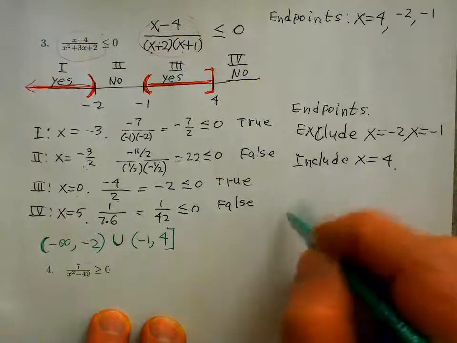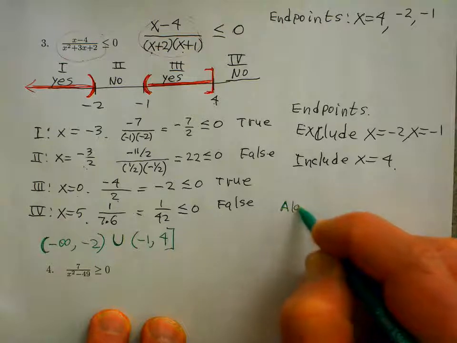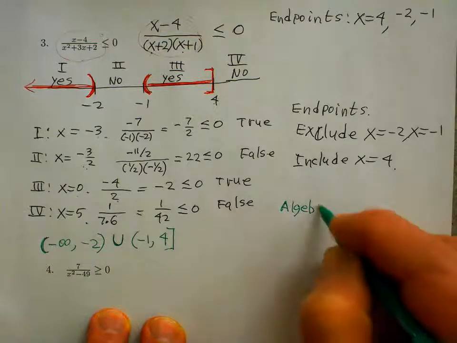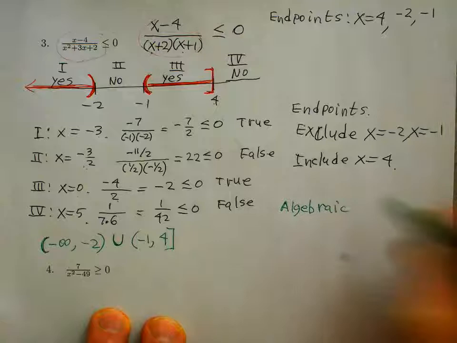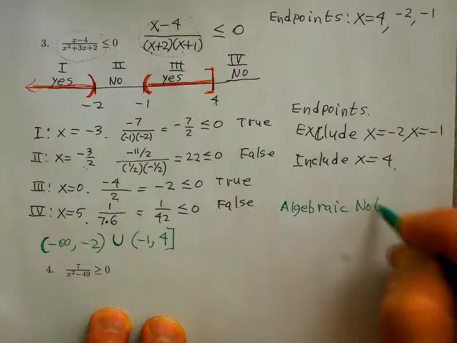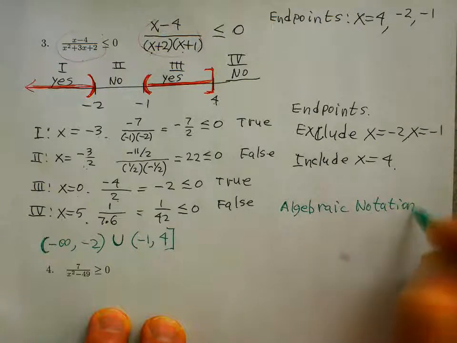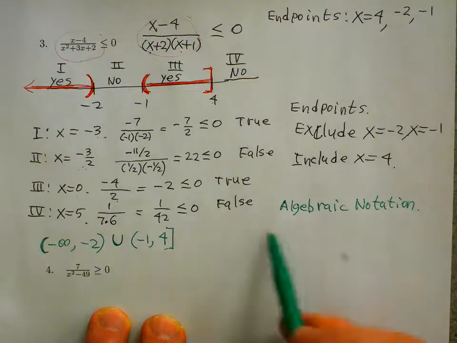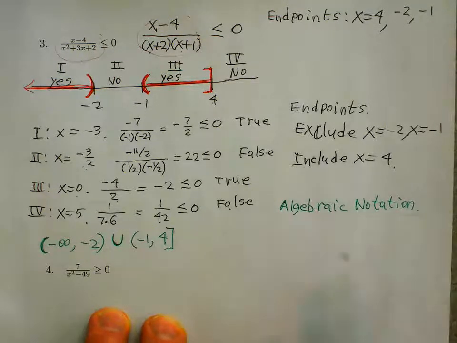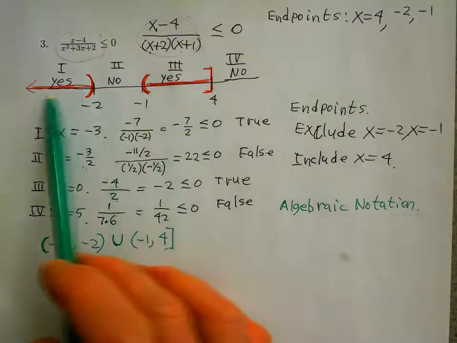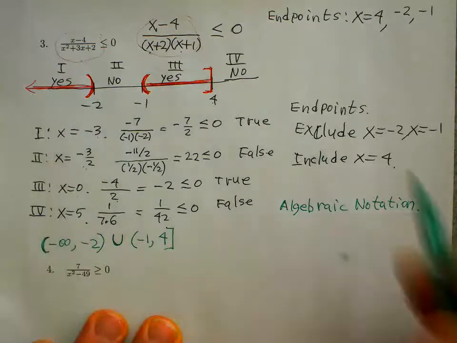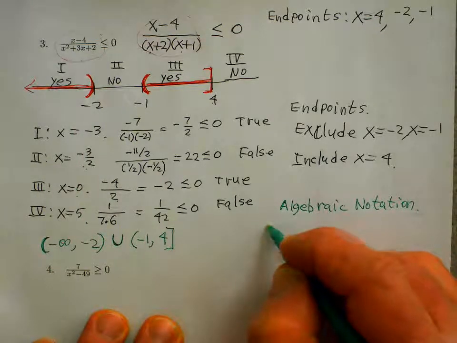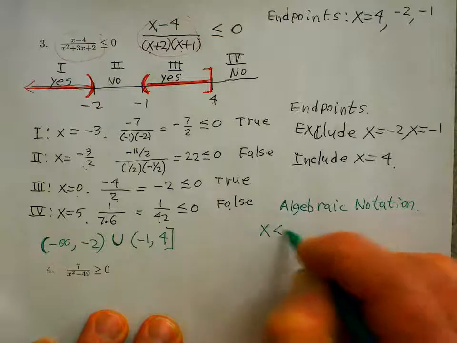We might as well write the algebraic notation. You'll need to know that on the final, probably even before that, but at least on the final. So let's review the algebraic notation. This part of the number line on the left, x is the variable, so that part is x is less than -2.